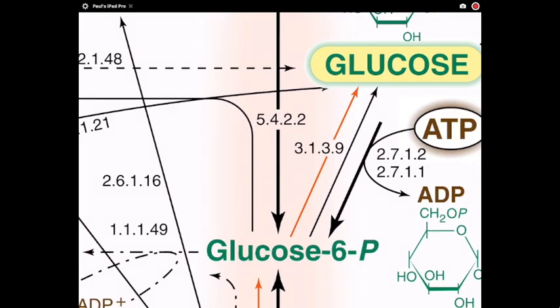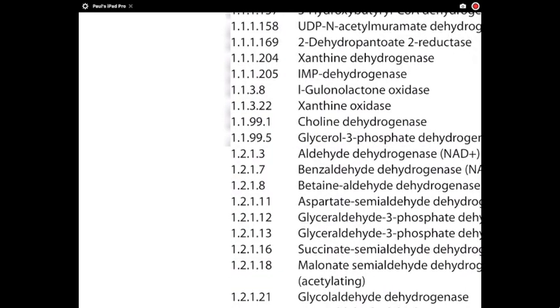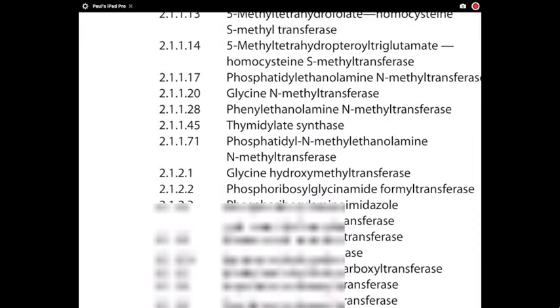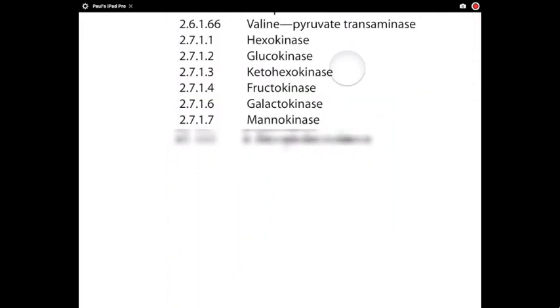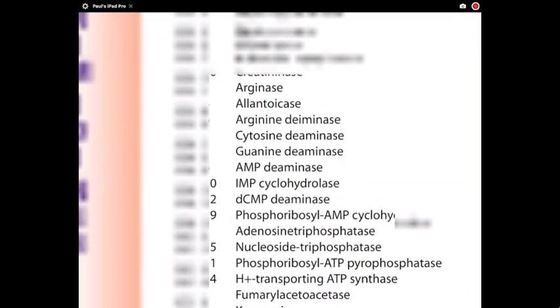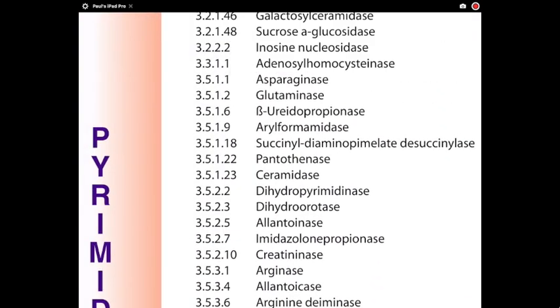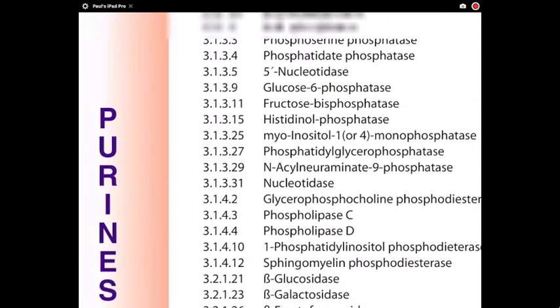Hexokinase, right? And so if I go over to the side, there's the ones, and there's still ones, and there's some twos, and wait a minute, there's some threes. Oh man, it was a 3-1 something.